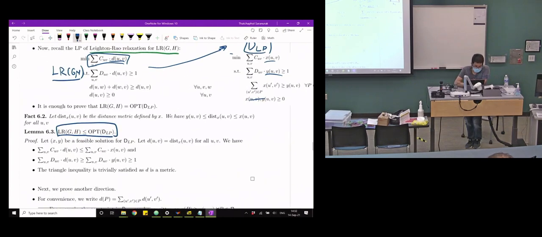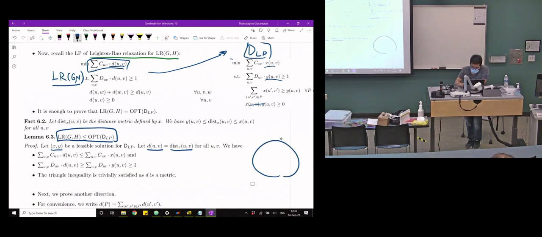So given XY, let me define D to be the distance from U to V with respect to X. Think of X as a weighted graph, defined by X such that each edge has weight X. So I can define the distance in this graph.